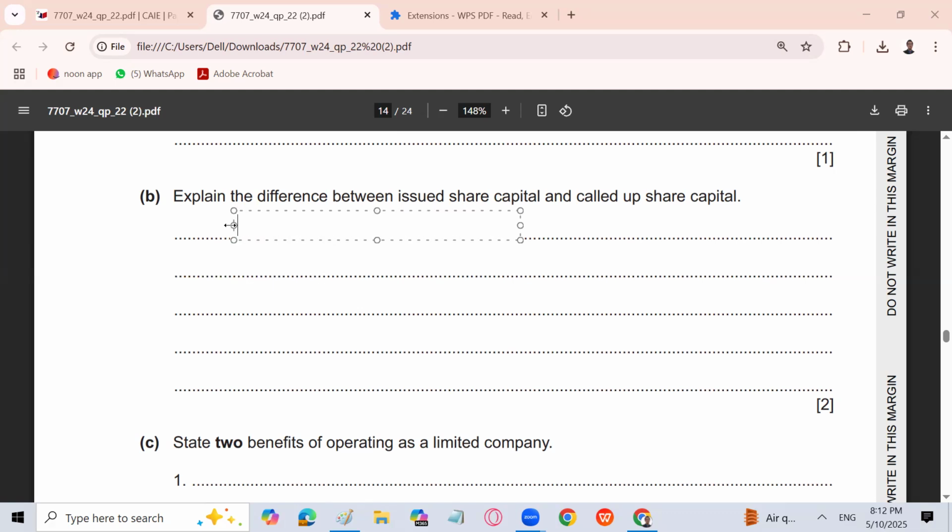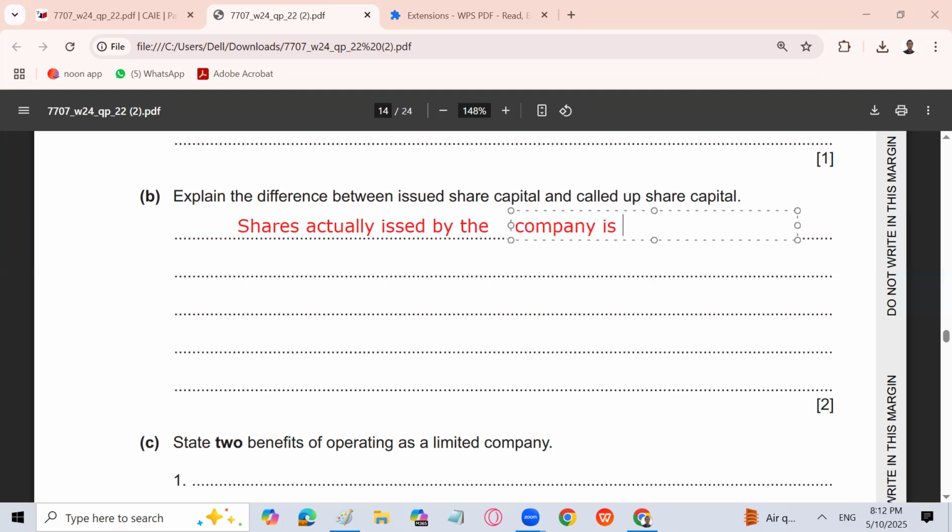So I'm going to write it down. Shares actually issued by the company is called issued share capital.